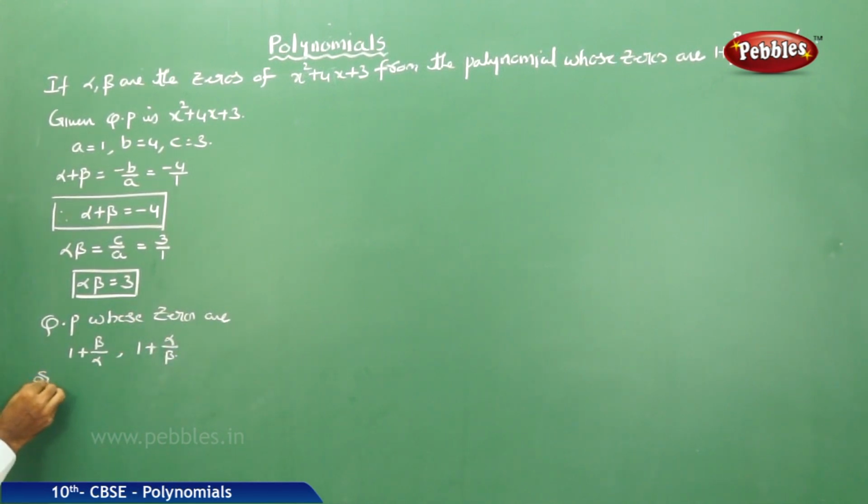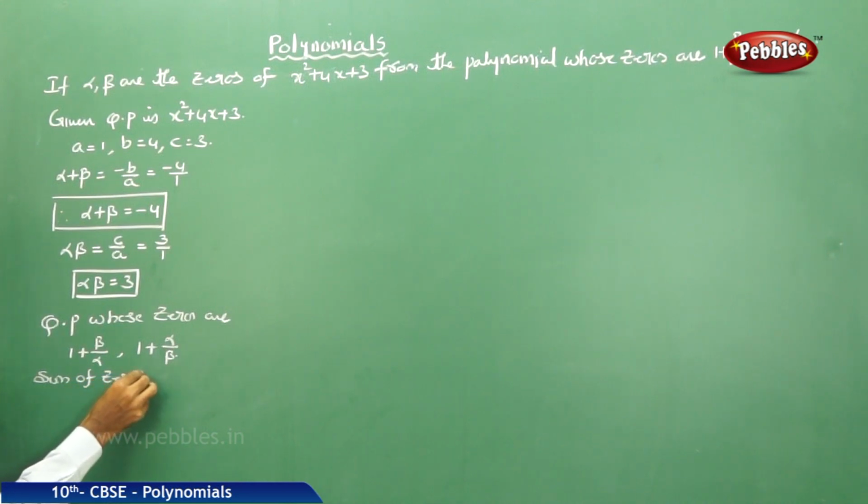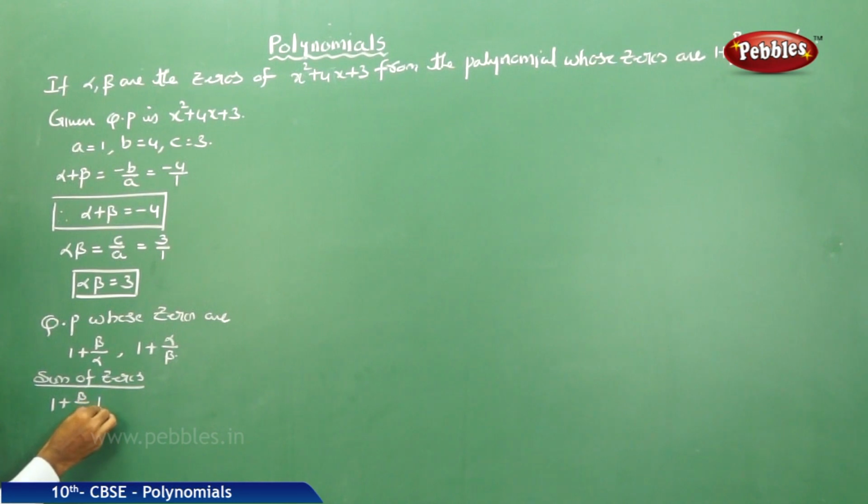That is, I have to find first the sum of zeros. Sum of zeros I have to find, that is equal to 1 plus beta by alpha plus 1 plus alpha by beta.